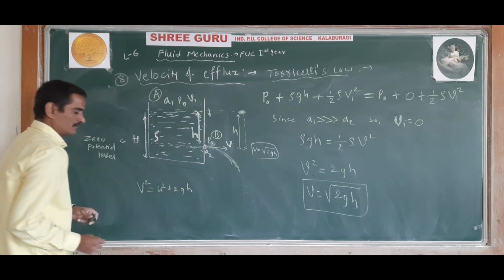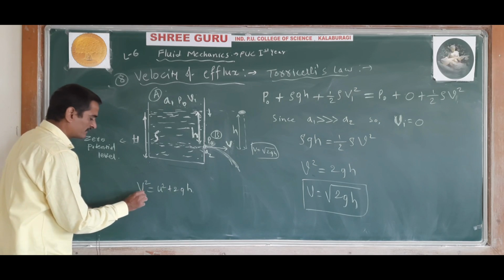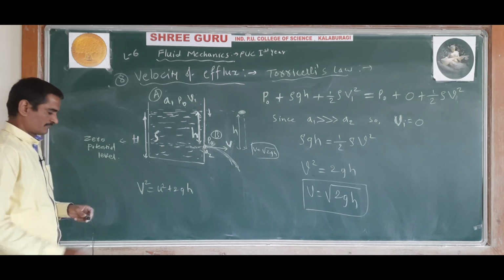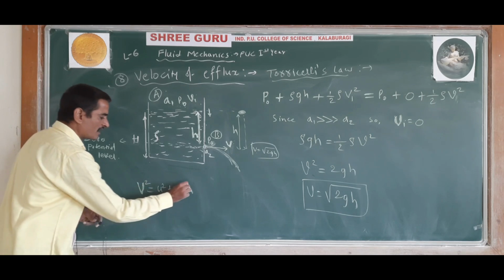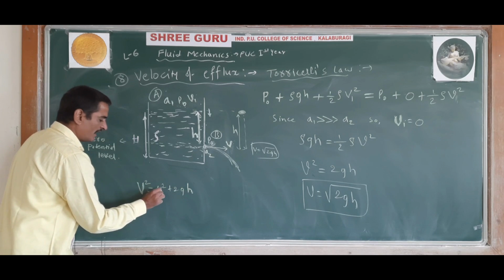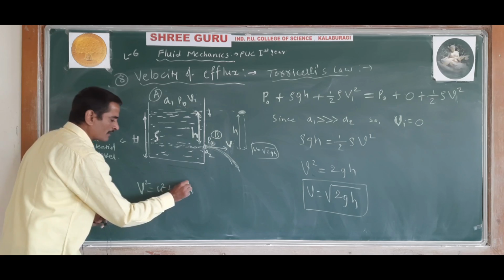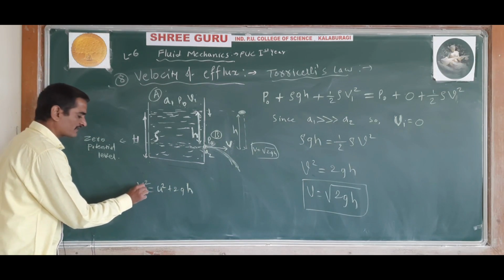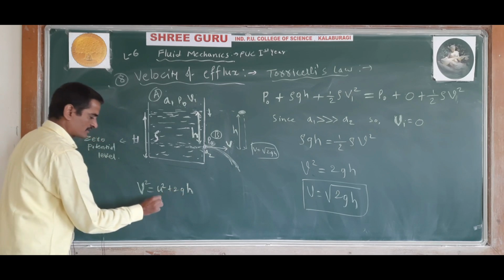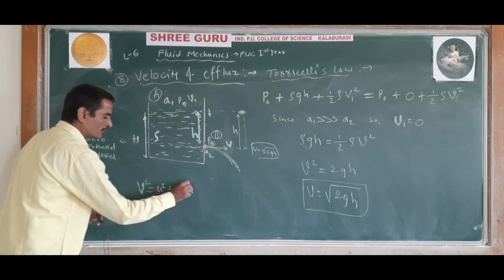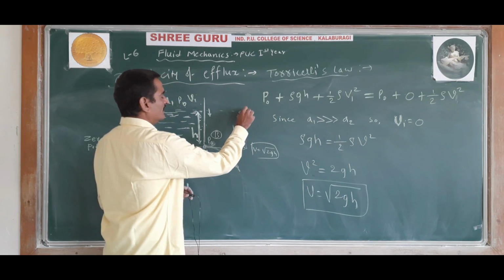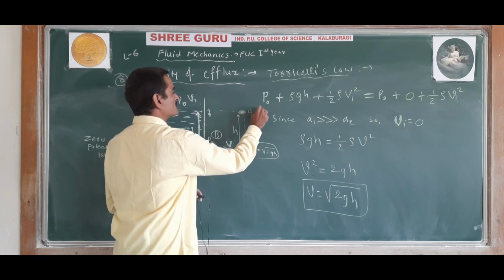V is the velocity of the body after traveling a distance h, and u is the velocity of the body before traveling a distance h. Before traveling a distance h, the body was at rest, so u is equal to 0.